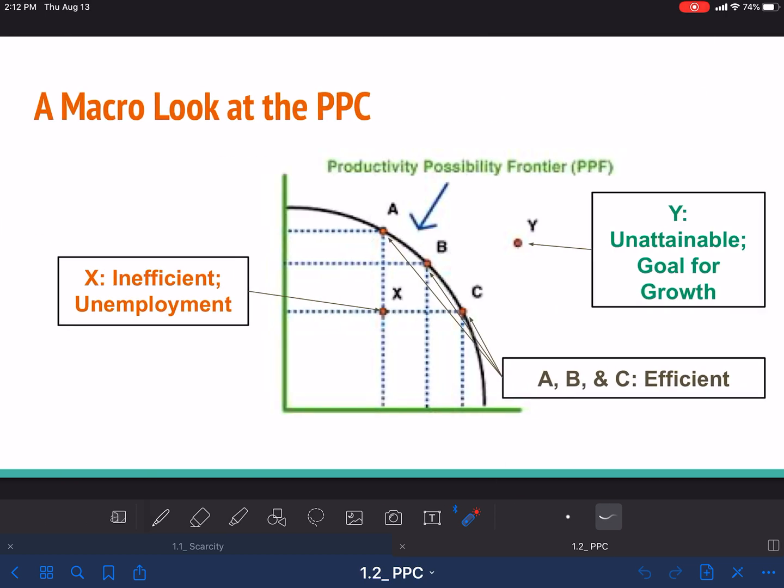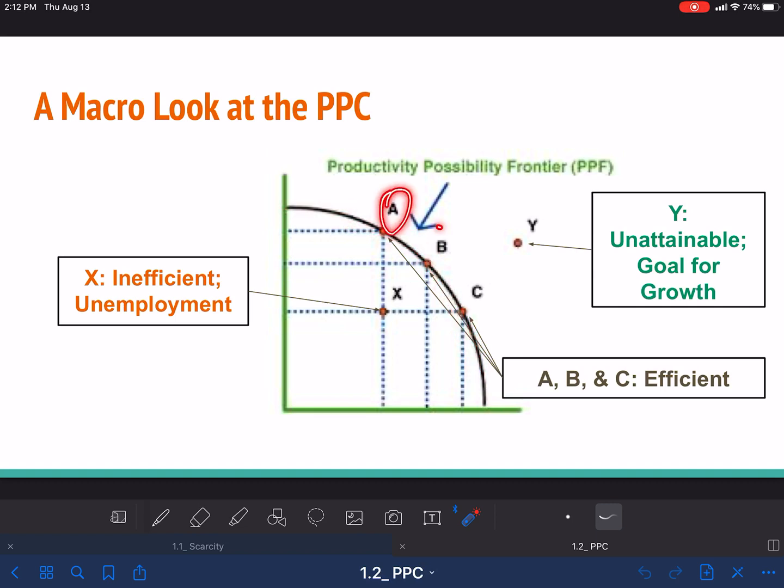So here's our macroeconomic look at the production possibilities curve. You could also see it as a PPF, production possibility frontier. Frontier and curve mean the same thing. And there's three main points that we, from a macroeconomic perspective, really care about. The first is called the efficiency curve. So this is the efficiency curve right here.